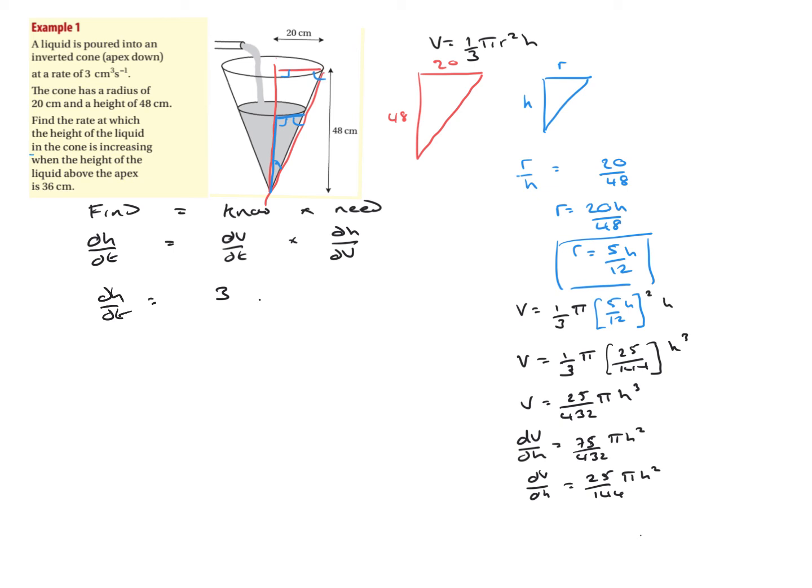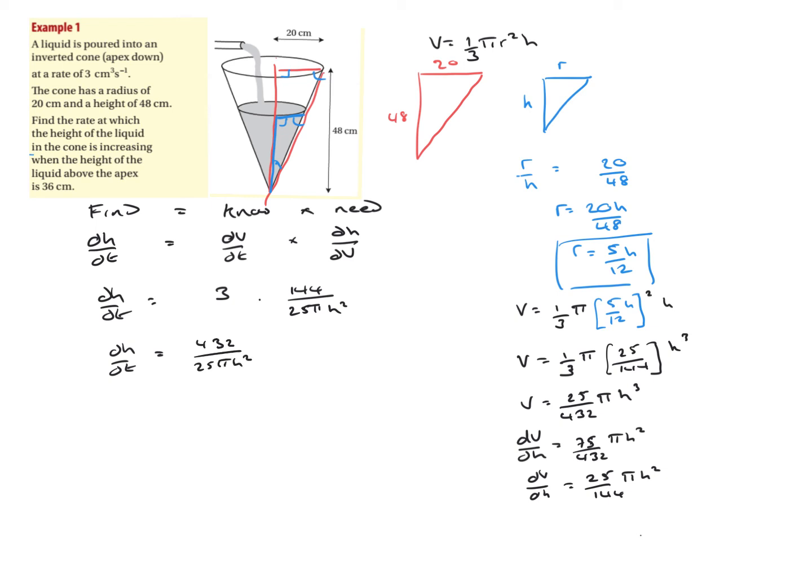We have dV/dh, so it's going to be multiplied by 144 over 25 pi h squared. Then we can combine them, and we'll end up with dh/dt equal to 432 over 25 pi h squared.